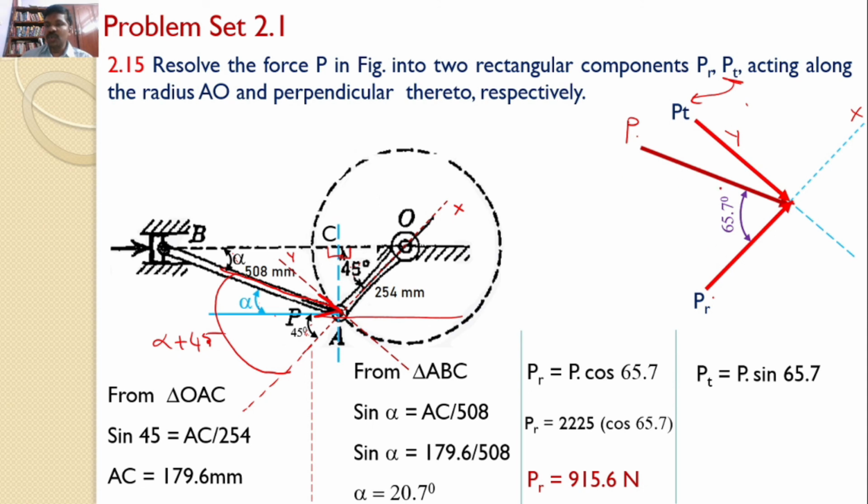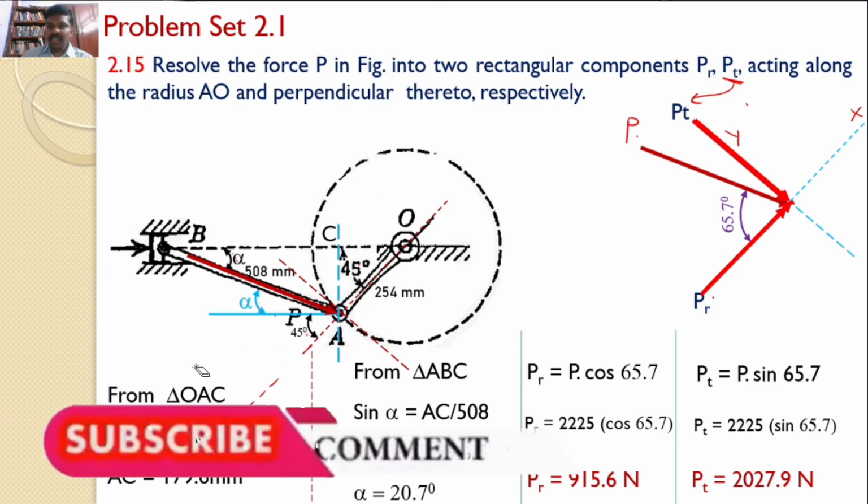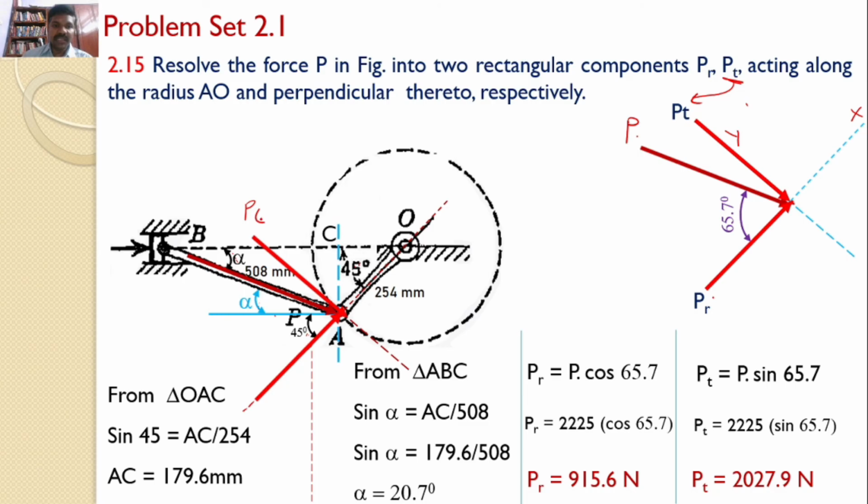Similarly, Pt is the sine component, which is P into sine 65.7, that is 3225 into sine 65.7, which is 2027.9 newtons. Now let us transfer these forces onto the original diagram. This is the actual force P, and Pr and Pt will act like this, with the values here.